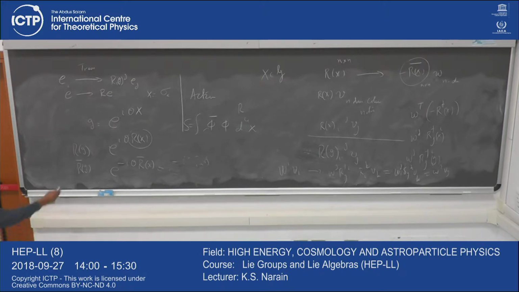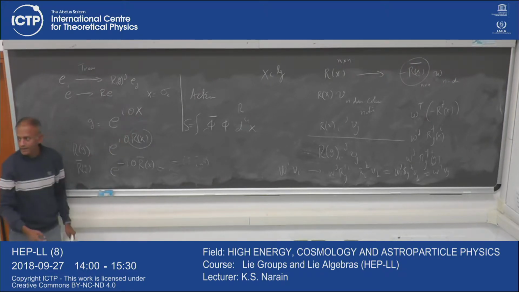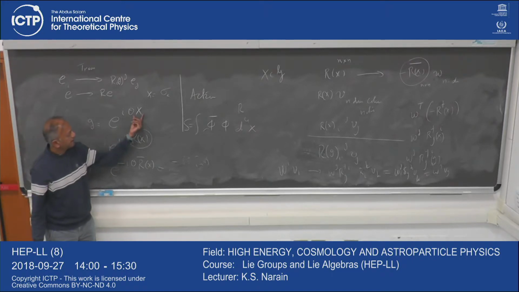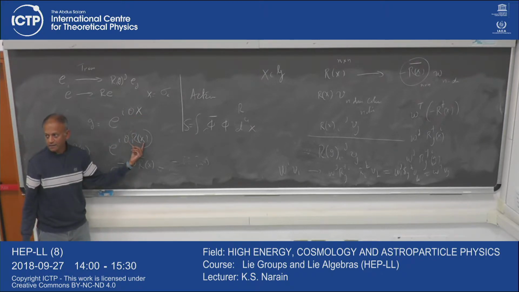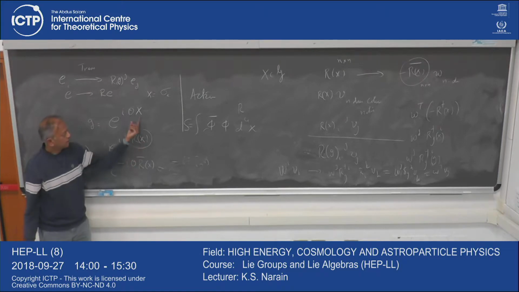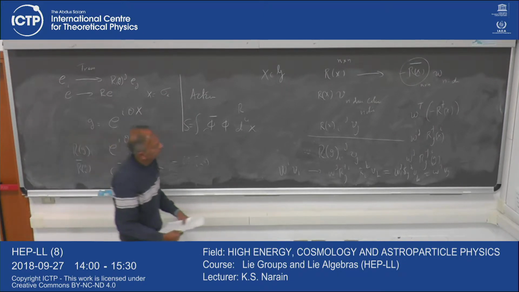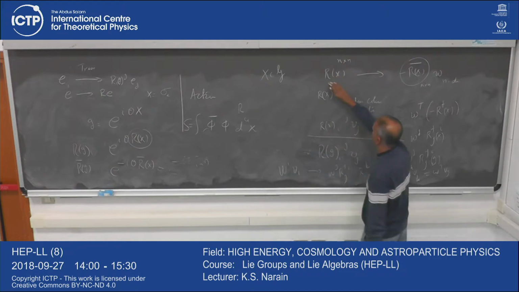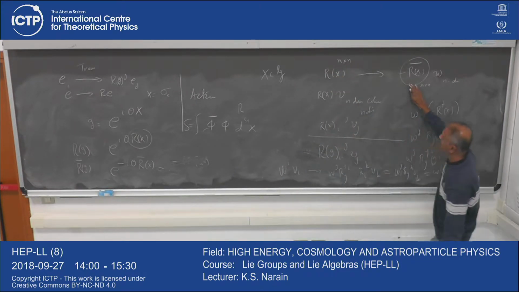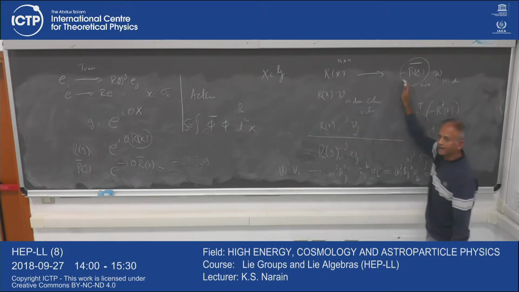g is by definition e to the power of i theta x. Now what I'm doing is replacing x by the corresponding matrix in that representation. In one representation, I write it as Rx. In the complex conjugate representation, Rx is replaced by minus R bar x. That is the meaning of this statement. Given a matrix, I get the complex conjugate representation by replacing it by minus R bar x.